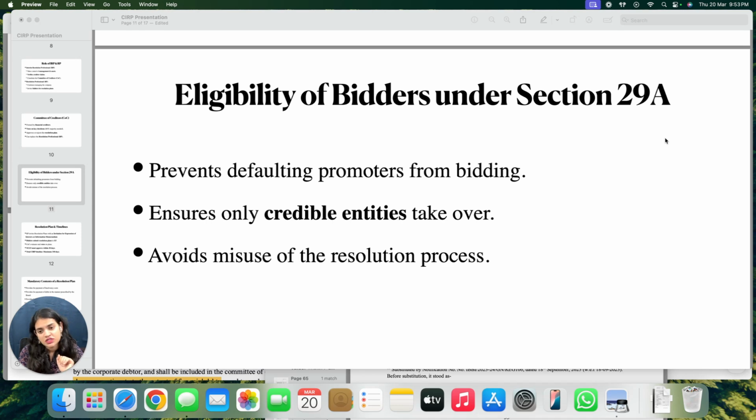And it's actually much worse, considering the liquidation value and the valuations of the assets might have changed by then. And due to the environmental factors, if a company has gone to the extent of resolution and then goes back to scratch, then the costs involved also set it back. So it is very important for the prospective resolution applicants to be credible, and this ensures that there is no misuse of the resolution process.